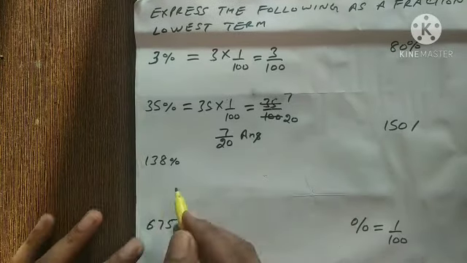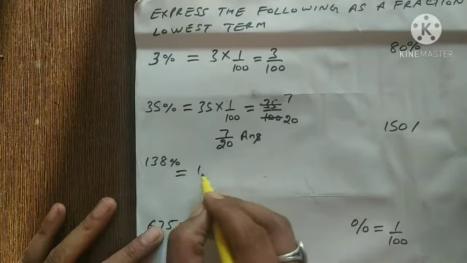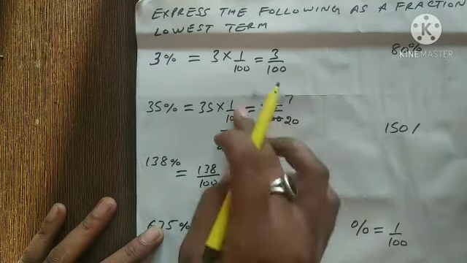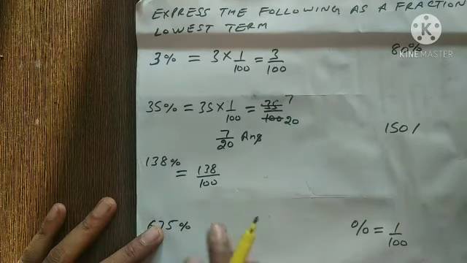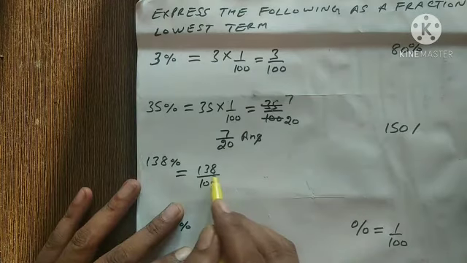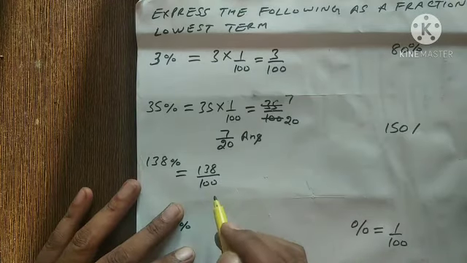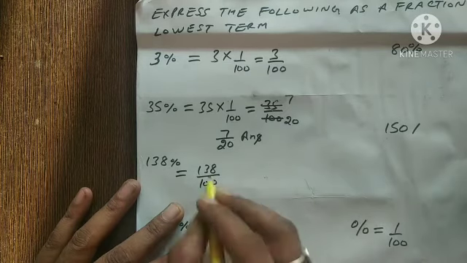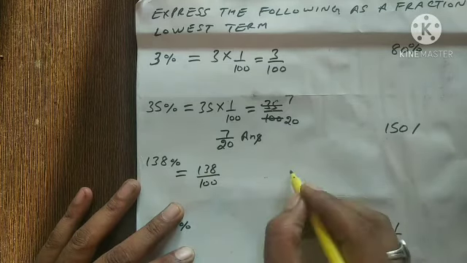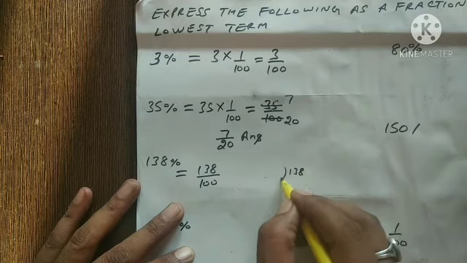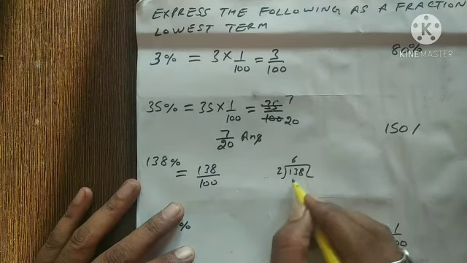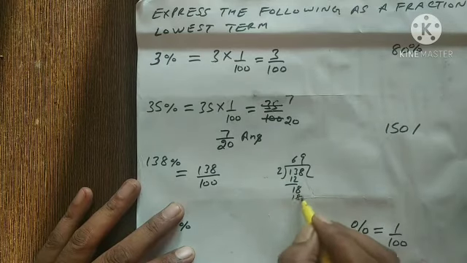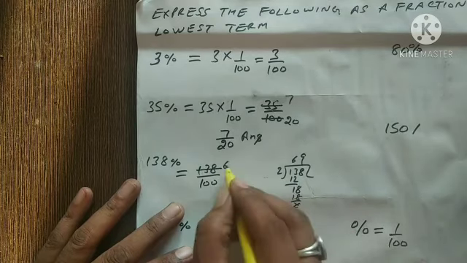Now 138%. The meaning of 138% is 138 over 100. We can write it directly, 138 over 100. Now you can see 138 is an even number and 100 is also an even number, so both are divisible by 2. If I divide 138 by 2, you see 6 twos are 12, 1, and 2 nines are 18, so 69 is there.